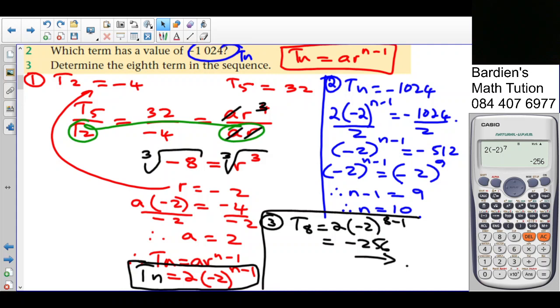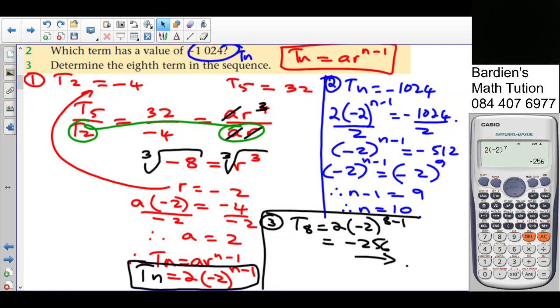So what I do is the A's cancel. Okay? R cancels with one of the 4 R's. So in other words, I have R cubed, 32 divided by negative 4, negative 8. So much easier, not so?